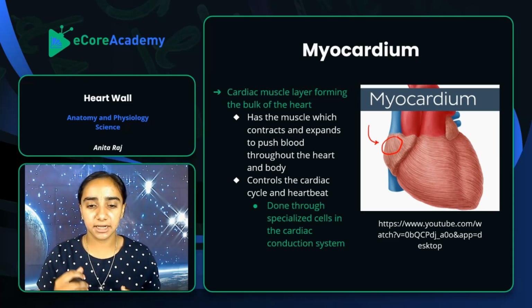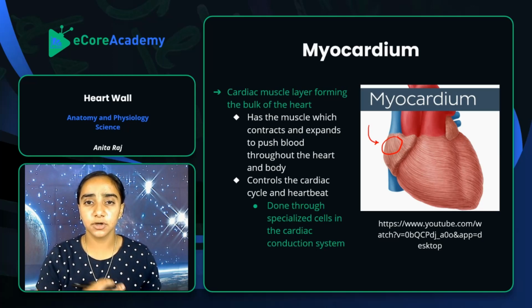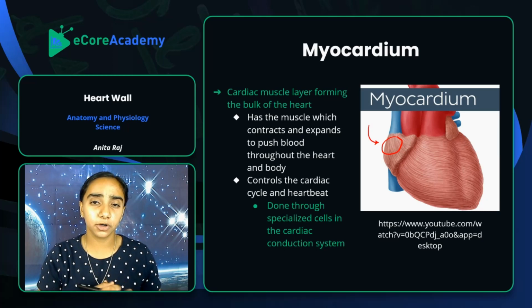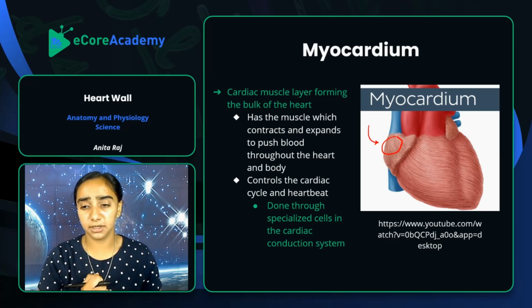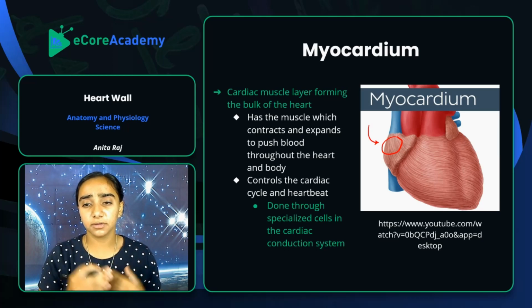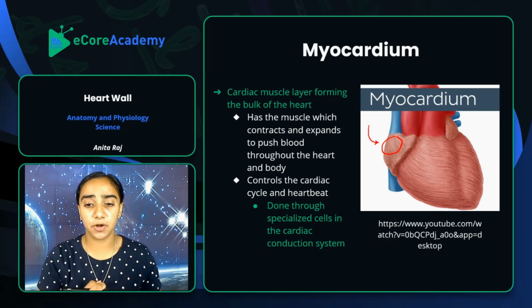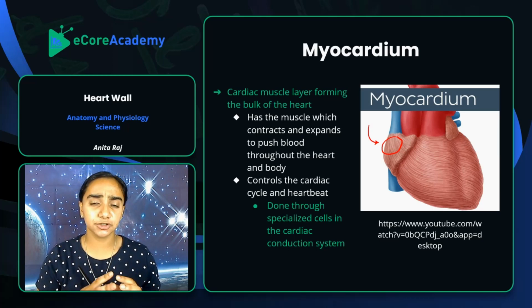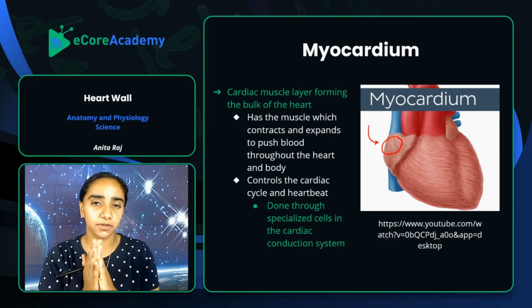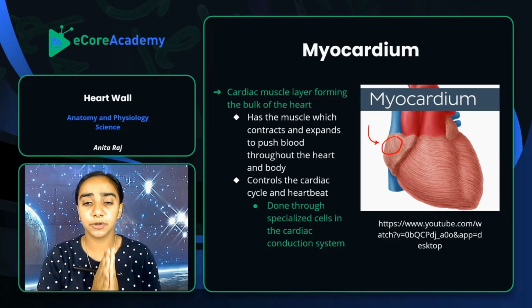So like I said, it is full of cardiac muscle. This is where the work of the heart is done. This is the working part of the heart wall, and it does all the contracting and the pumping of blood. The myocardium has the muscle which contracts and expands, like I just said, to push blood throughout the heart and body. So this heart muscle uses electrostimulation, which is part of the conducting system of the heart that we'll be going over later.